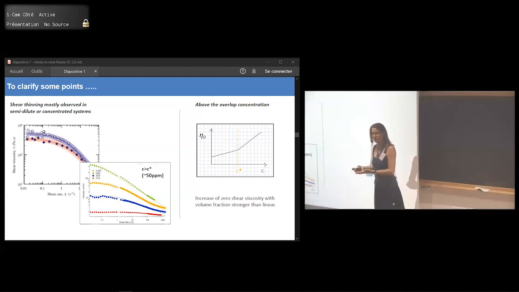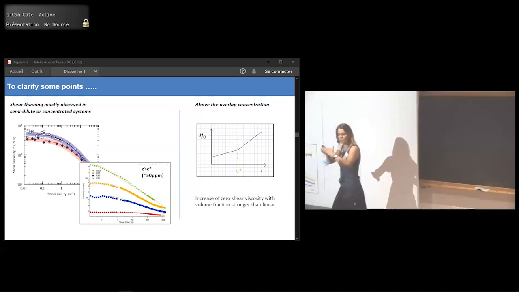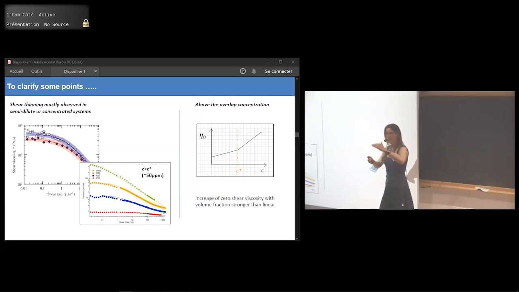In this case, the viscosity at zero shear rate increases much more strongly than linearly with the volume fraction. The advantage of that, as nicely pointed out by Michael, is that in a semi-dilute or concentrated system, your zero shear viscosity can be very high compared to the solvent viscosity. So it's much easier to have a strong shear thinning because you have a strong difference in viscosity.